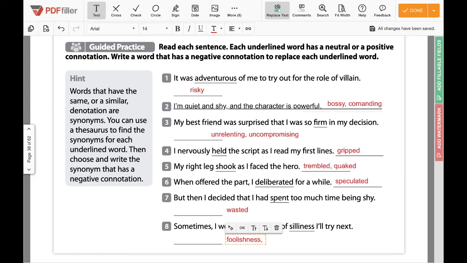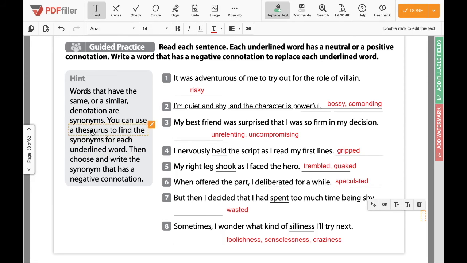I wonder what kind of senselessness I'll get into next. Craziness, that sort of thing. All of these have more of a negative connotation. Silly is usually like, haha, they're so silly, whereas if you say stupid or foolish, all of those things have more of a negative connotation. But they all really mean the same thing.